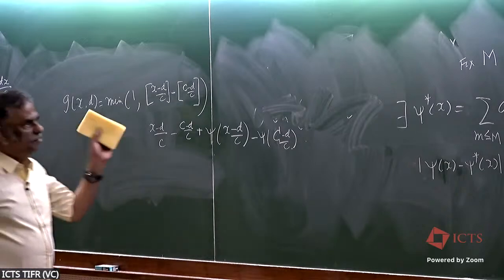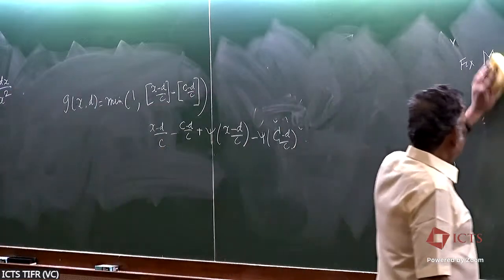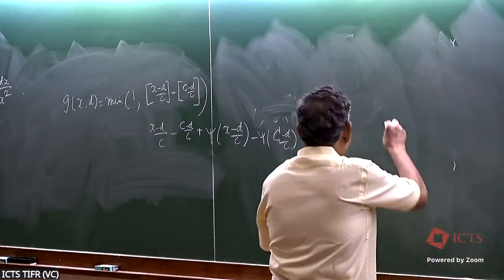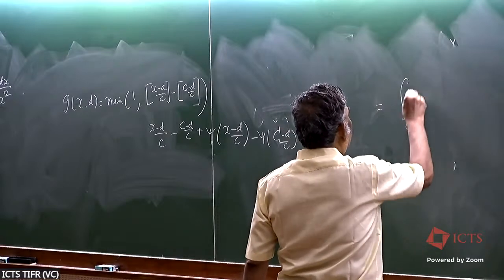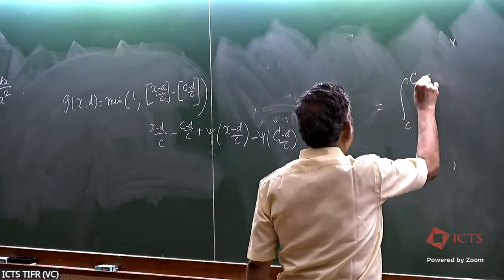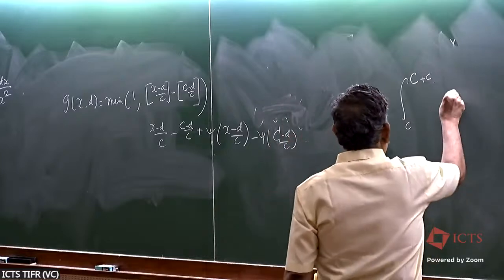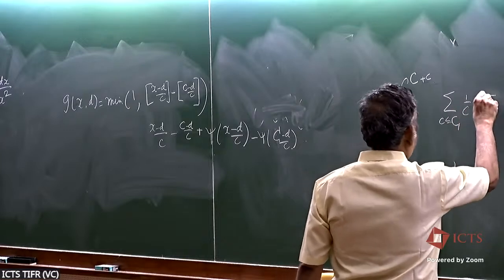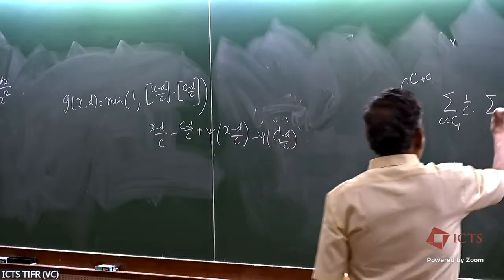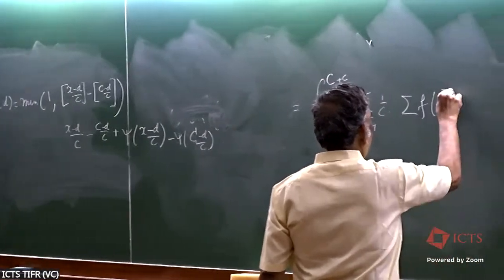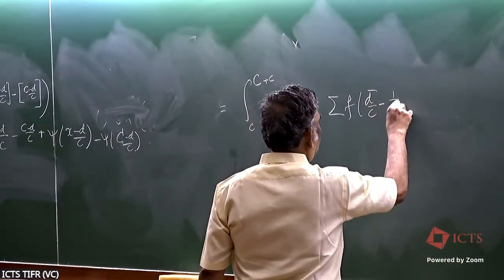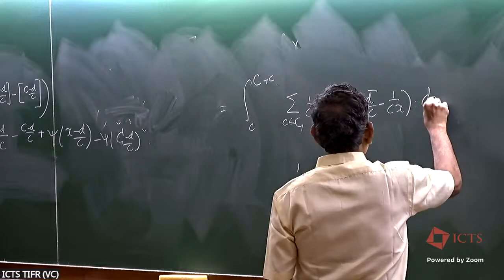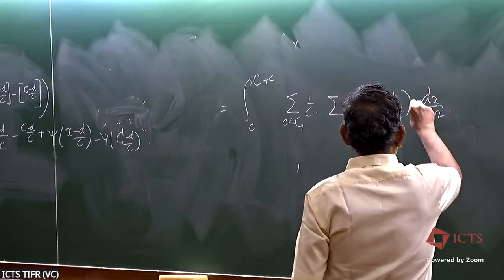Therefore, let me simplify this x integral. I am now going to break it into two parts, c to c plus C. In this particular part, I have a sum over c less than or equal to C, 1 over c, summation f of d bar by c minus 1 over cx, times 1, because in this particular case I have no problem, dx by x squared is 1.